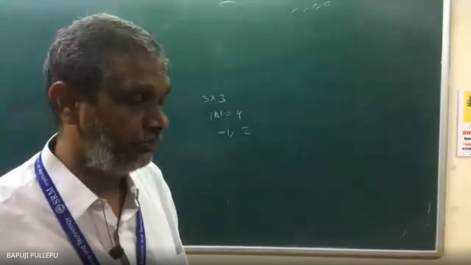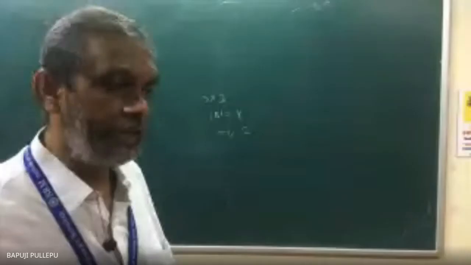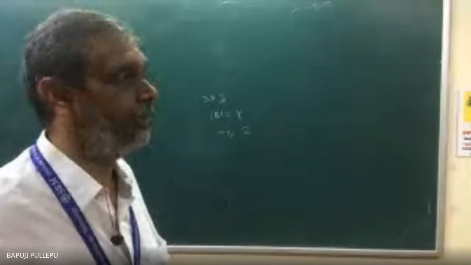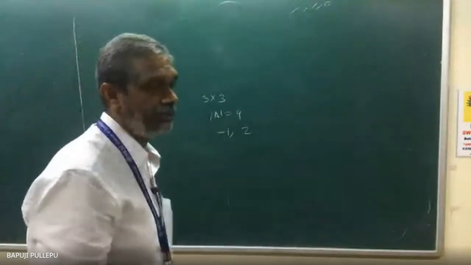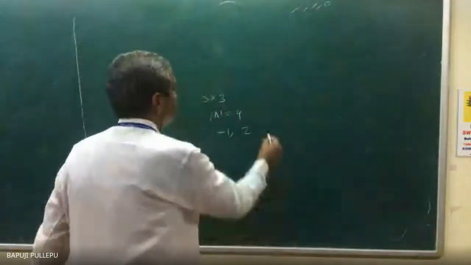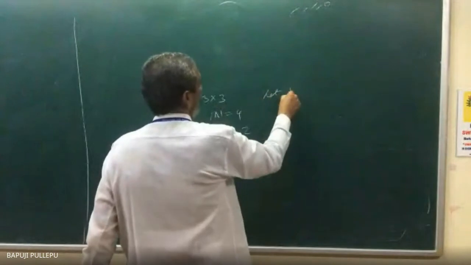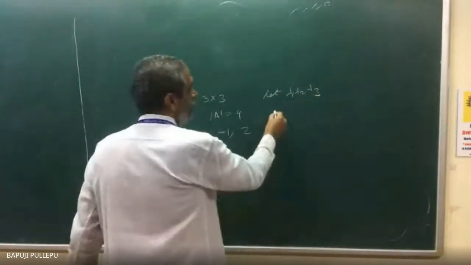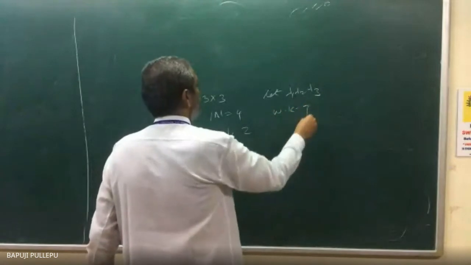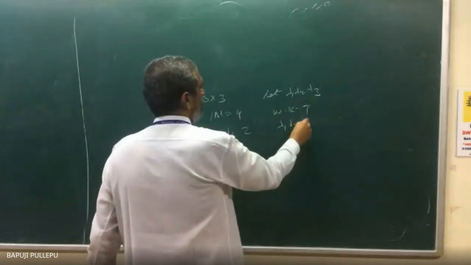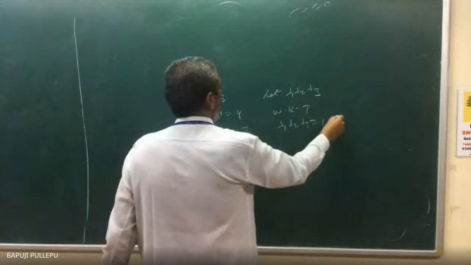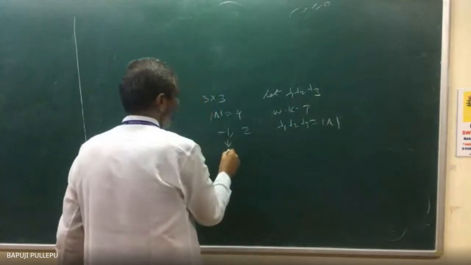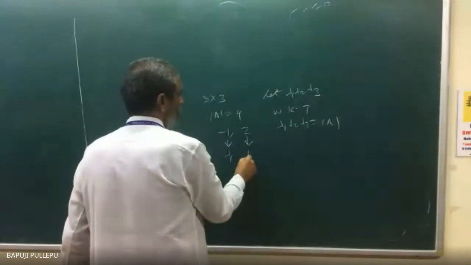How did you get it? You took lambda 1, lambda 2, lambda 3 is equal to the determinant of A. Let lambda 1, lambda 2, lambda 3 be the eigenvalues. We know that lambda 1, lambda 2, lambda 3 is equal to the determinant of A. Given, this one is lambda 1 and this one is lambda 2.